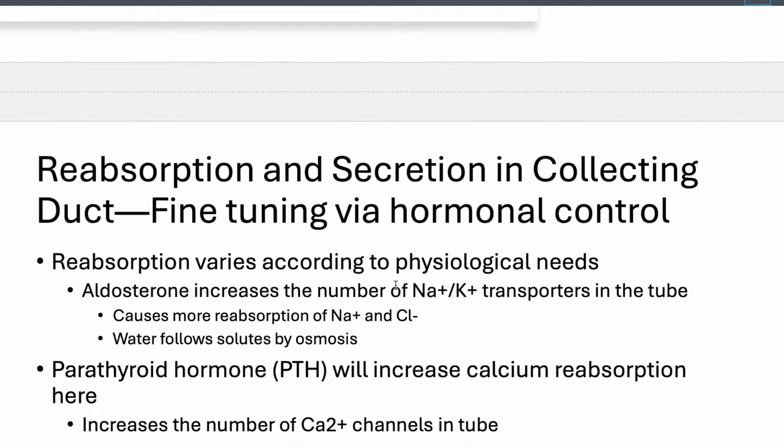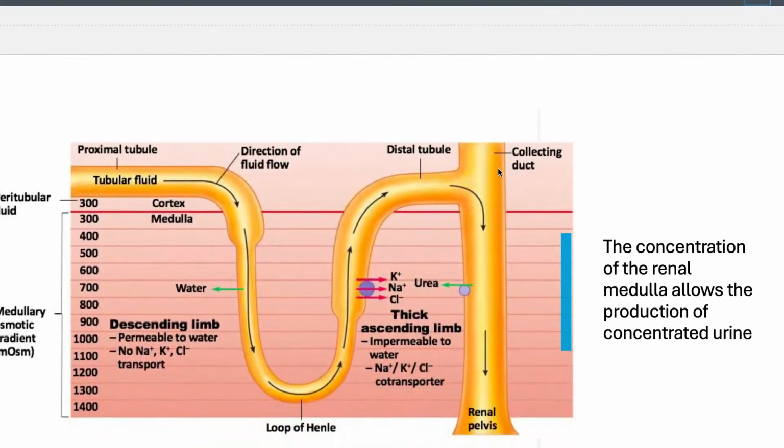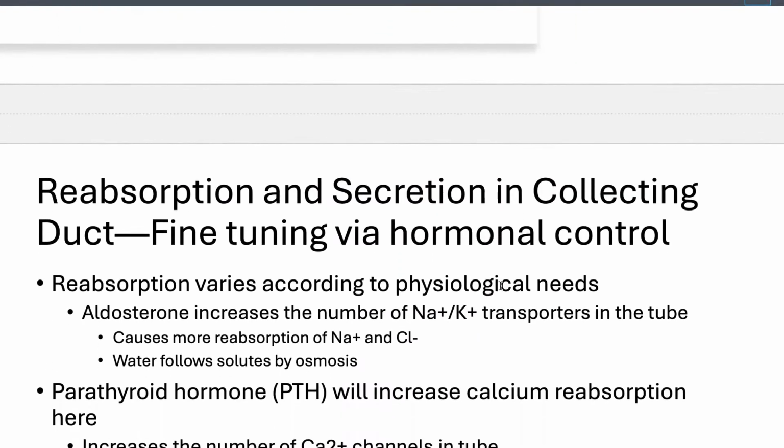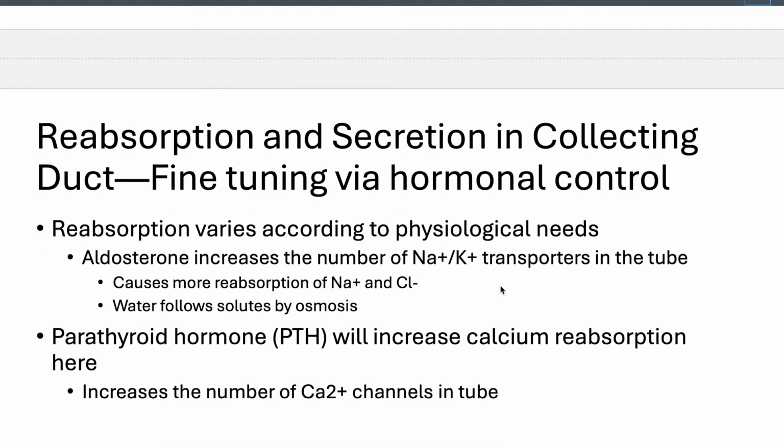So reabsorption and secretion of the collecting duct. So now we are onto here. Fine tuning via hormonal control. All right, so reabsorption varies according to physiological needs. Aldosterone increases the number of sodium and potassium transporters in the tube, causes more reabsorption.